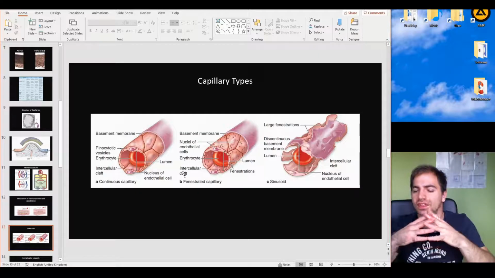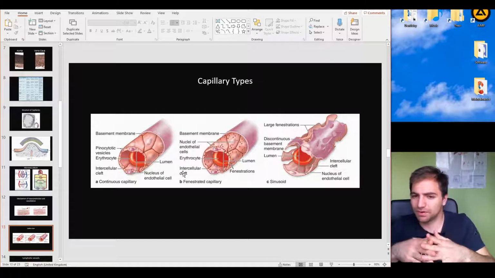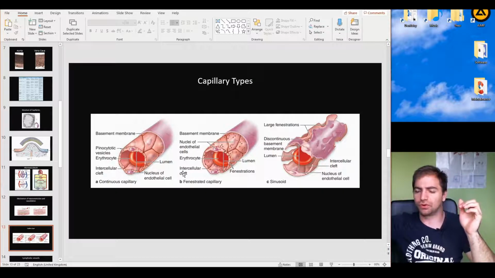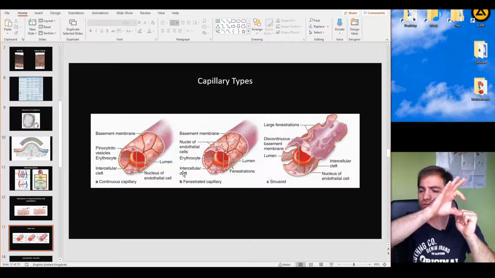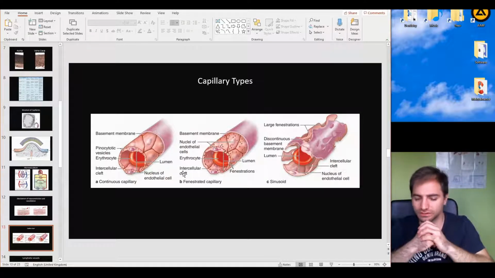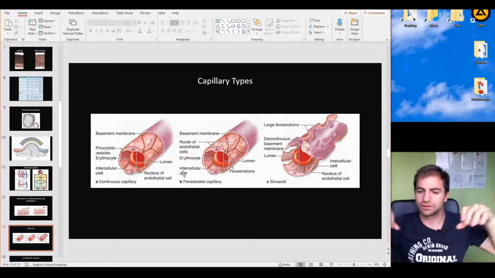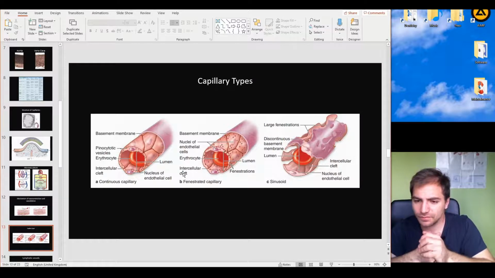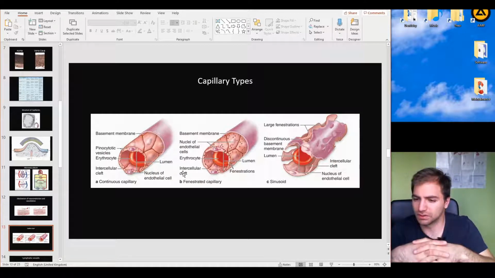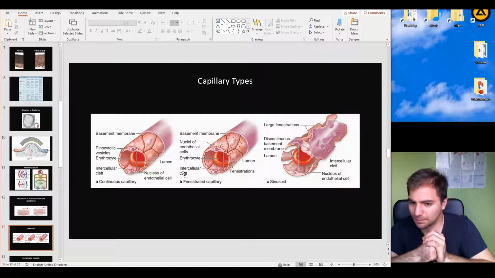The continuous capillary is nothing more than a simple endothelium extending throughout the whole capillary and a continuous basal membrane that fully covers the whole diameter and the whole external area of the endothelium. Most of the human body actually contains continuous capillaries.